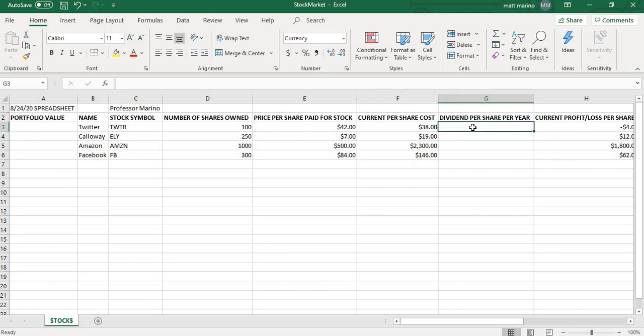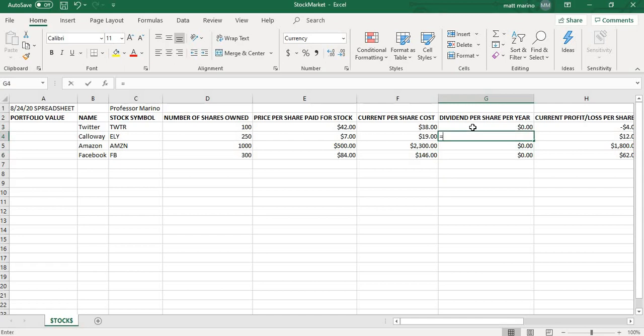Dividend per share per year is also something that you specifically need to look up. However, for our purposes here, you would need to calculate the annual dividend, which in the case of Twitter, Amazon, and Facebook is nothing. They do not provide a dividend.